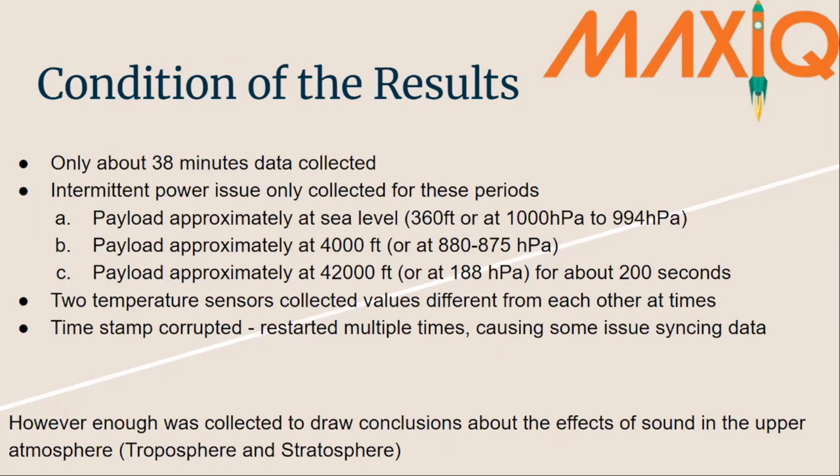At 4,000 feet, the pressure dropped to about 880 to 875. And at our final point of testing, our payload was at 42,000 feet, and we noticed it was at 188 units of pressure for about 200 seconds.